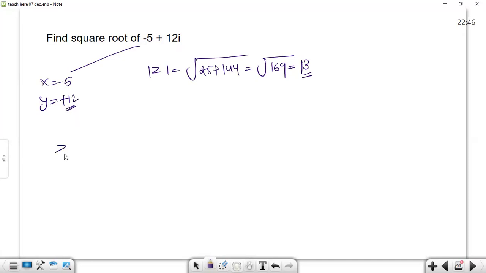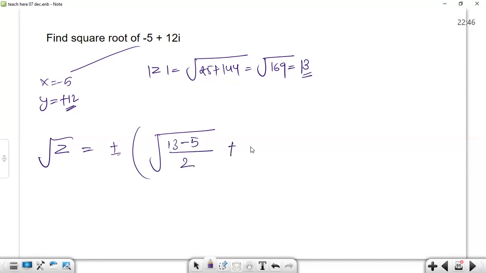If y is positive, the formula for the square root of z is plus minus square root of modulus of z plus x, what is x? Minus 5, divided by 2, plus, this time because there is plus y, iota square root of modulus of z minus x, what is x?